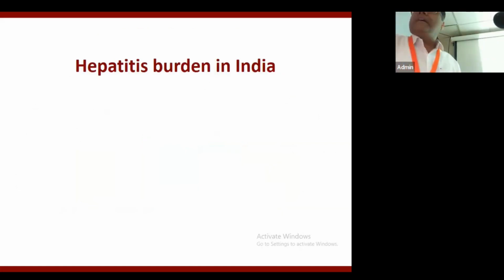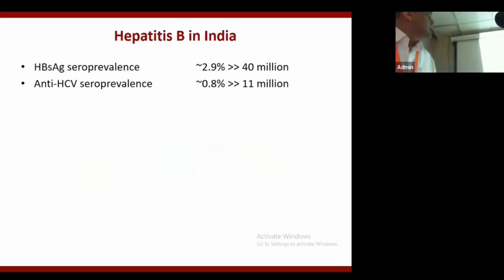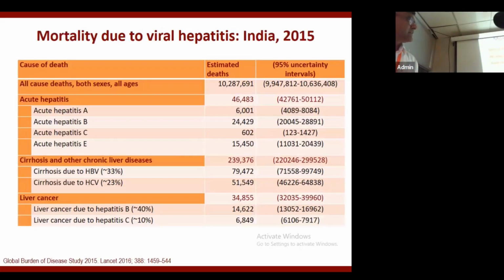Hepatitis burden in India specifically: HBsAg prevalence is 2.9% from global burden of disease data published in 2022 or 2023, which turns to roughly 40 million people who are infected, meaning 4 crore people who need HBV evaluation in our country. Very big number. Anti-HCV prevalence is 0.8%, turning to 11 million population.